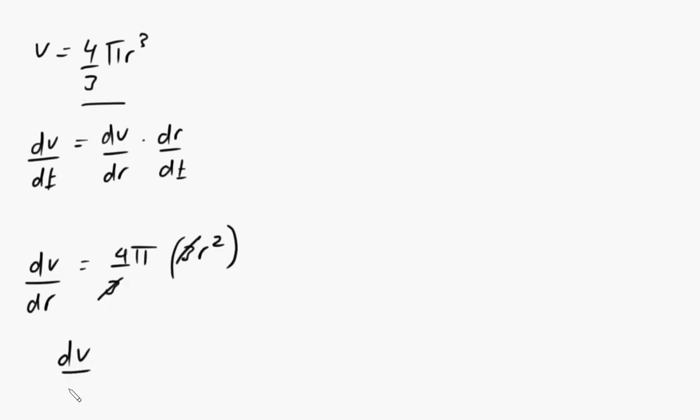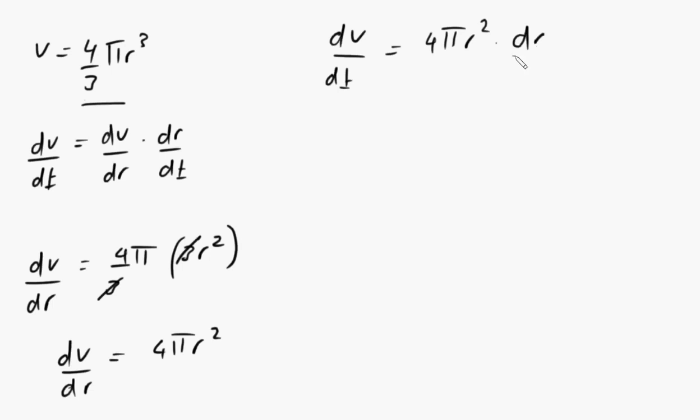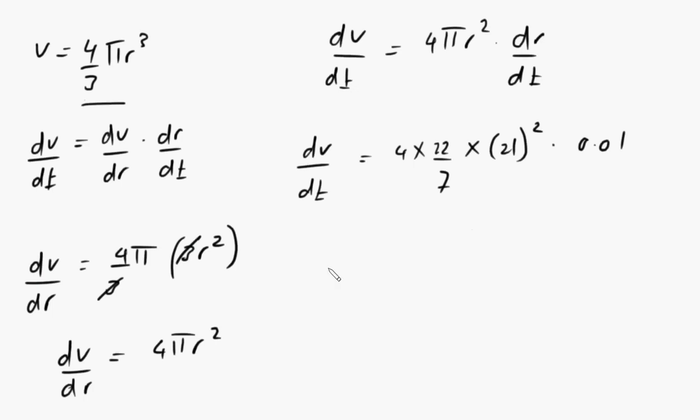So my dV/dr now is just going to be equal to 4 pi r squared. So my dV/dt now is going to be dV/dr, which is 4 pi r squared, times dr/dt. So my dV/dt is equal to 4 times pi, which is 22/7, times 21 squared, times dr/dt, which is 0.01.